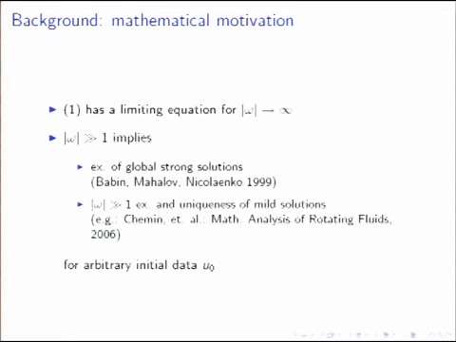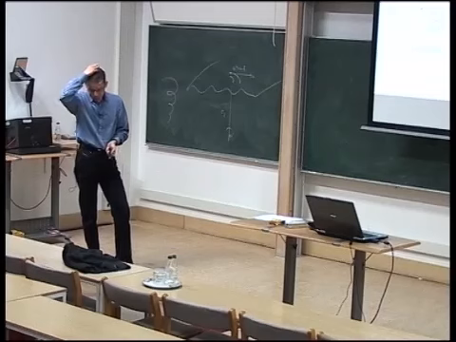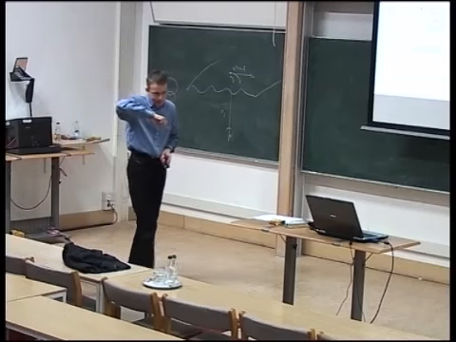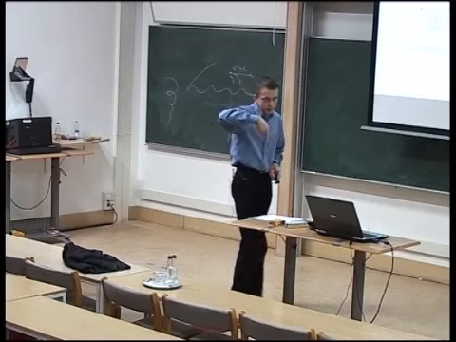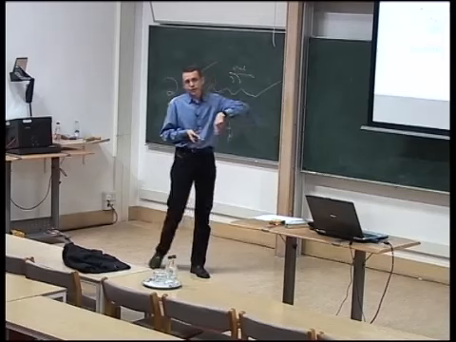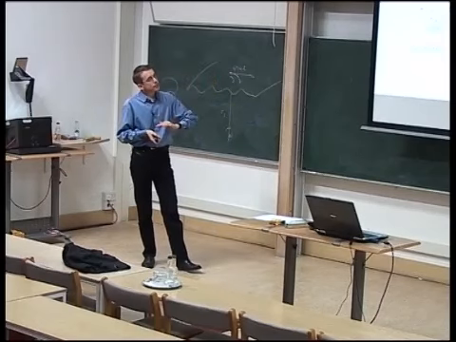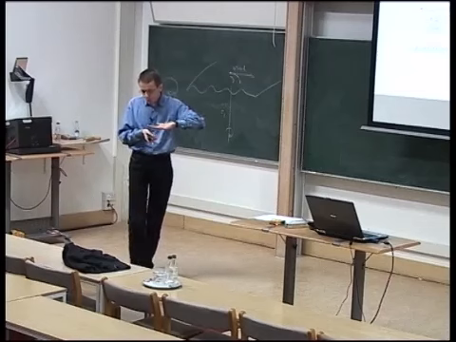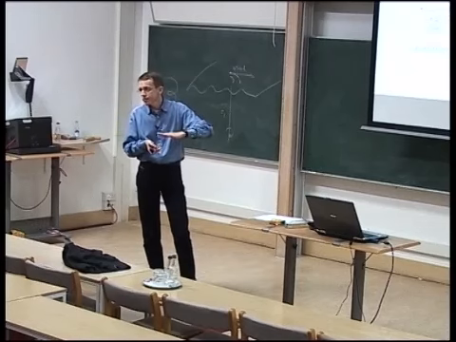What you can see is that this equation 1, so this Navier-Stokes with Coriolis force, has a limiting equation if the angular velocity becomes large. So if you rotate the fluid very fast, the motion of the fluid stabilizes.